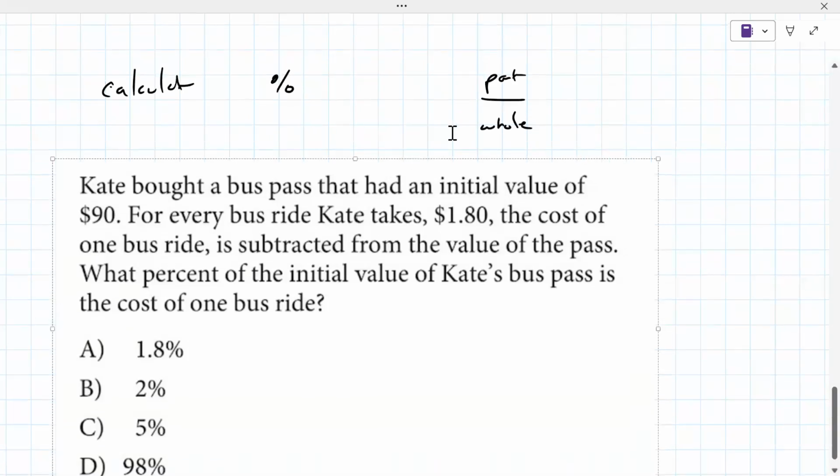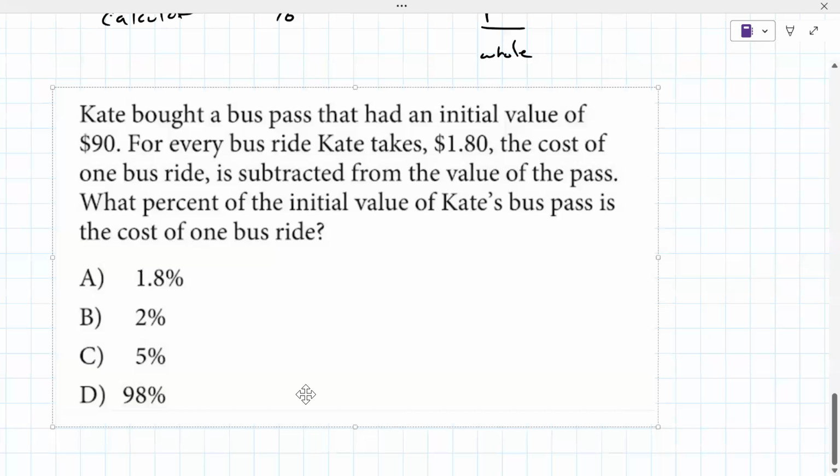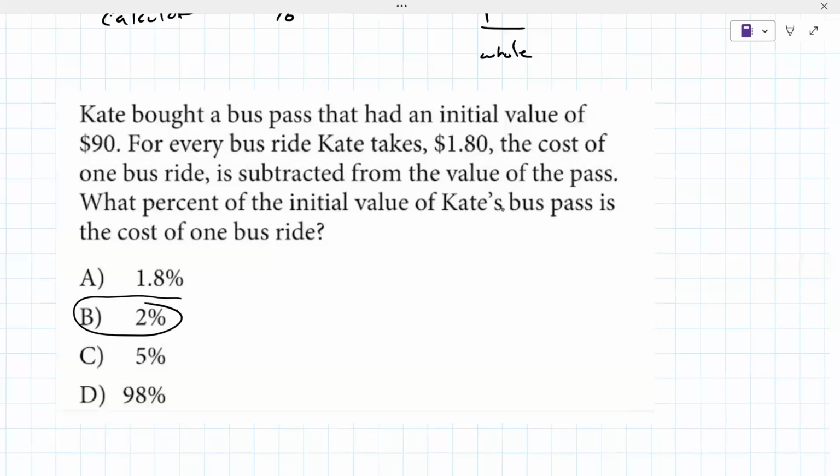So that would go under. Right? 180 on top, 90 on bottom. 1.8 on top. 2%? I'm getting 0.02. That's correct, but that would make sense because it wouldn't be 5% of the total.